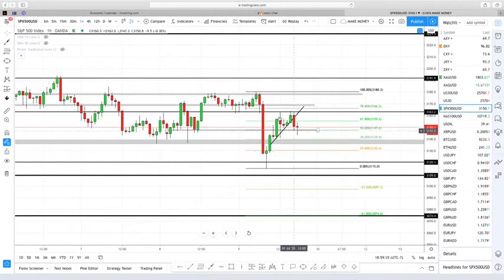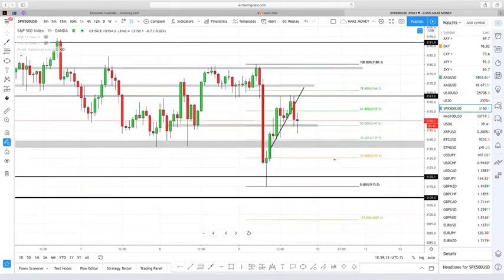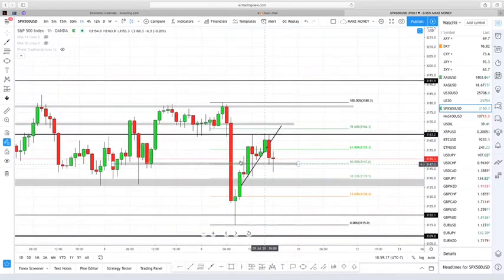So this corrective move has played out. In the midst of that correction, we've created some sort of a double top right here. Since we've created our double top, these are equal lower highs right here, because they're lower than this higher high.